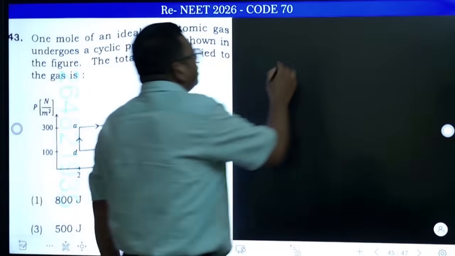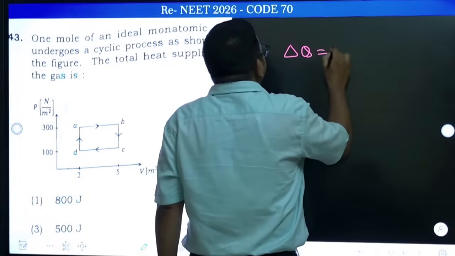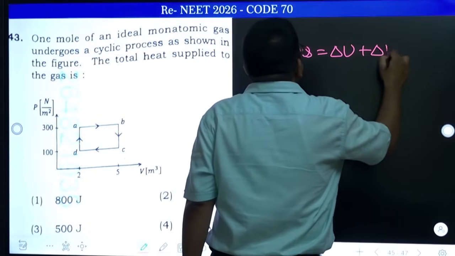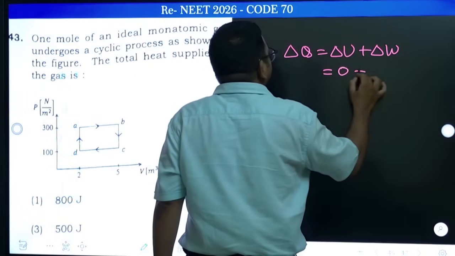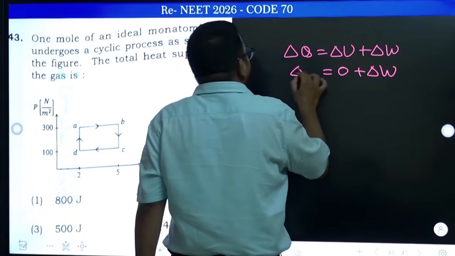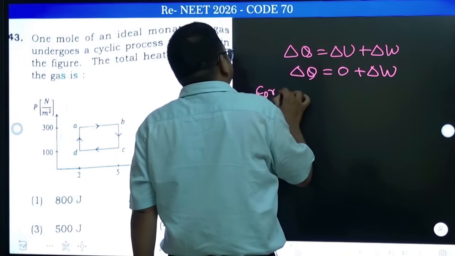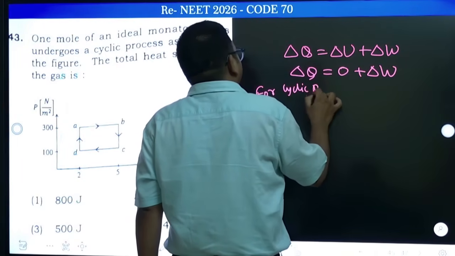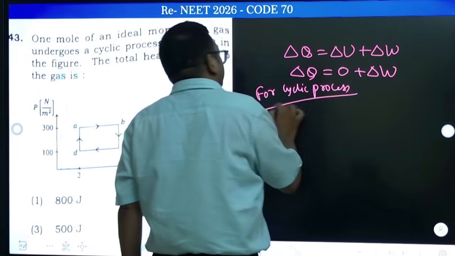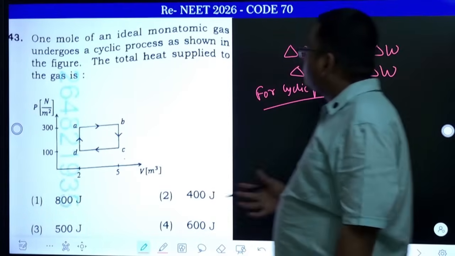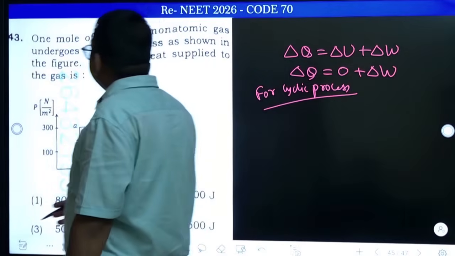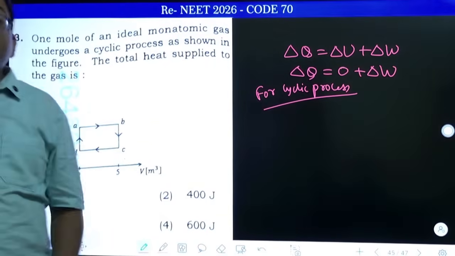Note that delta Q is equal to delta U plus delta W. If you consider the full cyclic process, delta U will become 0. So for a cyclic process, total delta Q is the same as the total heat supplied to the gas.